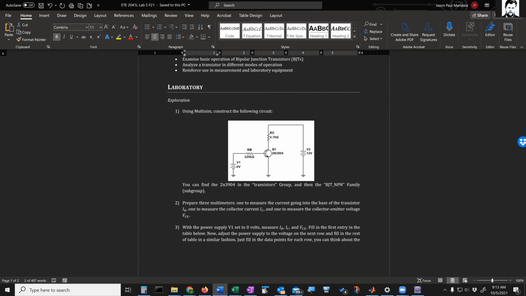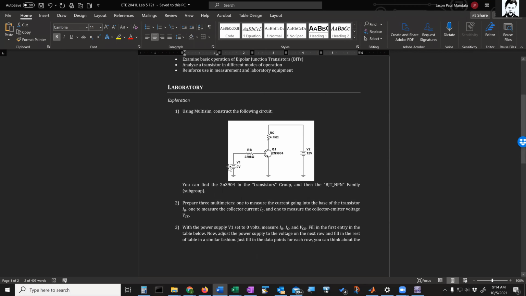If you started off at 0 volts on the base, then 0 volts is not enough to turn on the transistor, right? You're not applying any voltage. So that base emitter junction would not be forward biased, and the transistor itself should not conduct as a whole. So we would expect at a base voltage of 0 volts, there would be no base current, and also no collector current. In that situation, the transistor would be acting like an open switch.